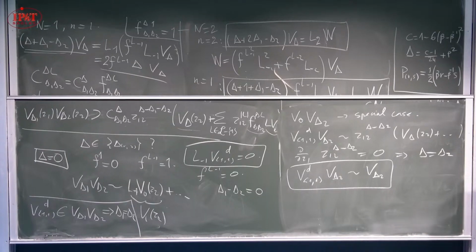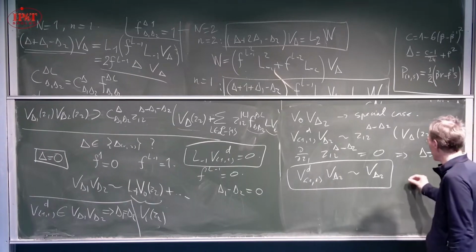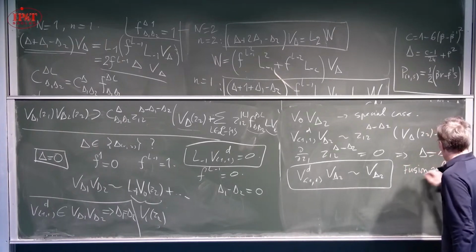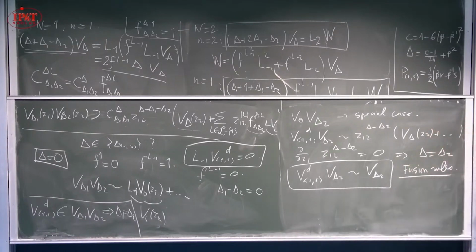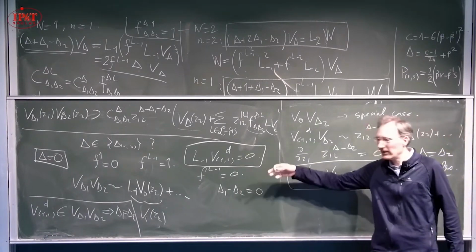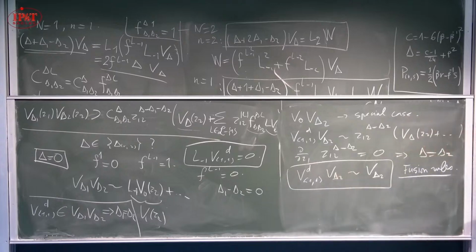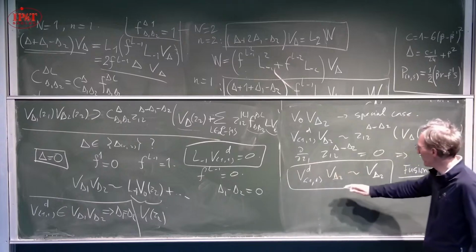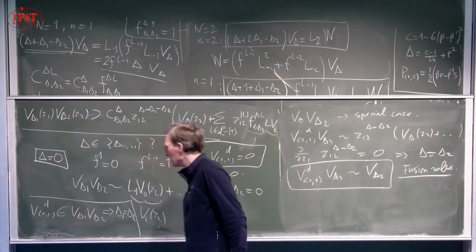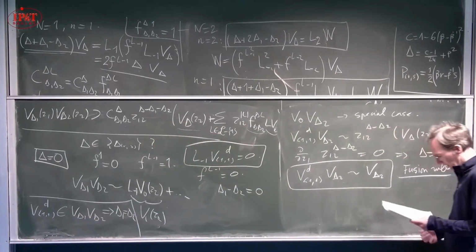Okay, so now what we are discovering is called fusion rules. So fusion rules are constraints on operator product expansions that follow from the vanishing of null vectors if you have degenerate fields. And here we have two different ways to write the same fusion rule for the degenerate field at level 1.